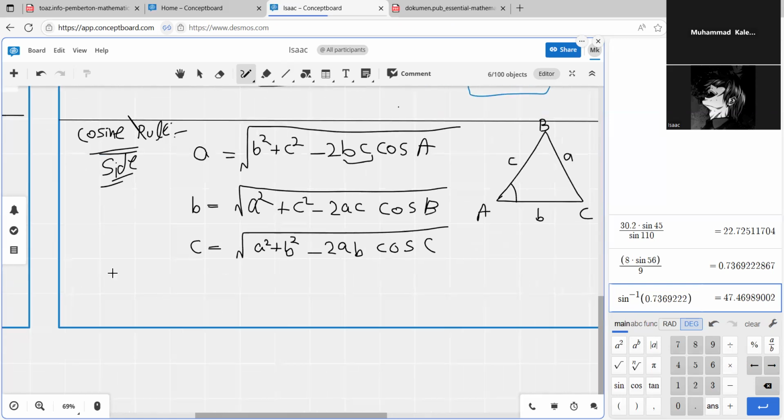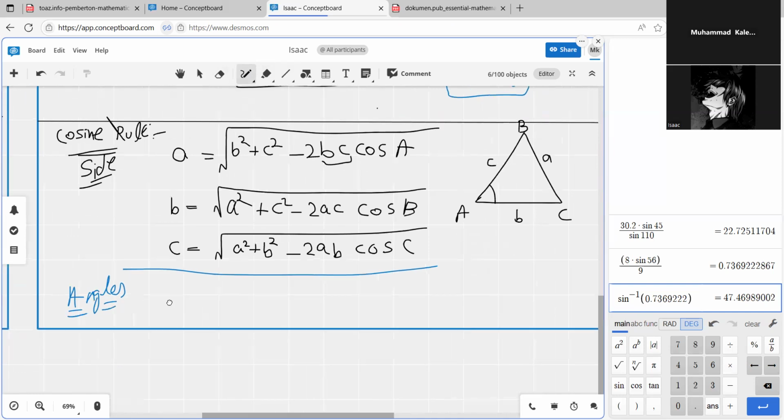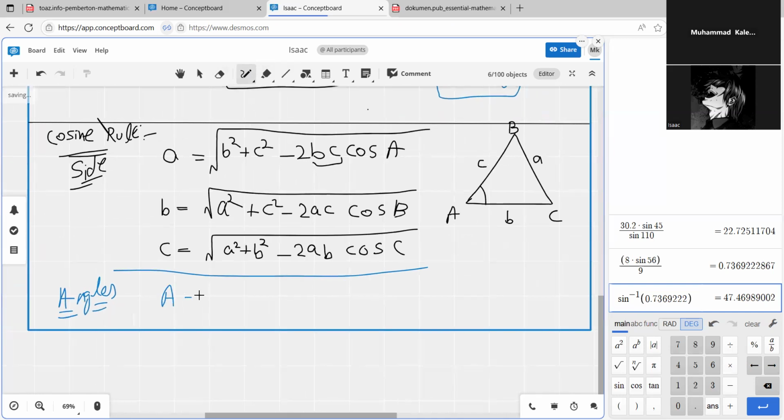Next, we have to talk about the angles. If in some case an angle is required, and the necessary sides or angles are given, let's suppose angle A is required. In that case, what will the formula be? You just have to say cos A, then we will take cos inverse.